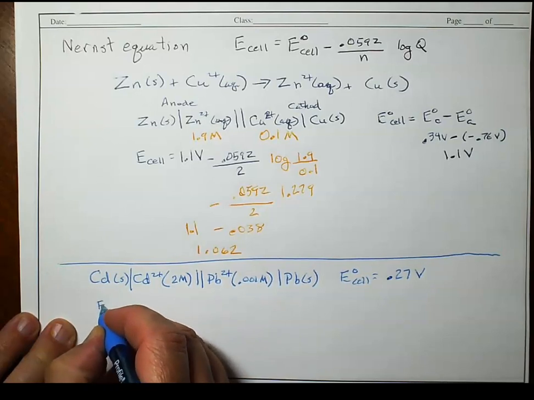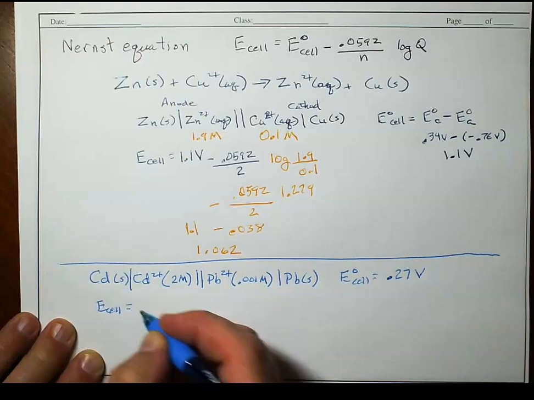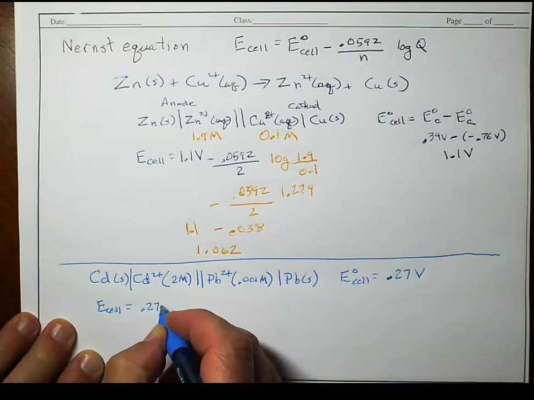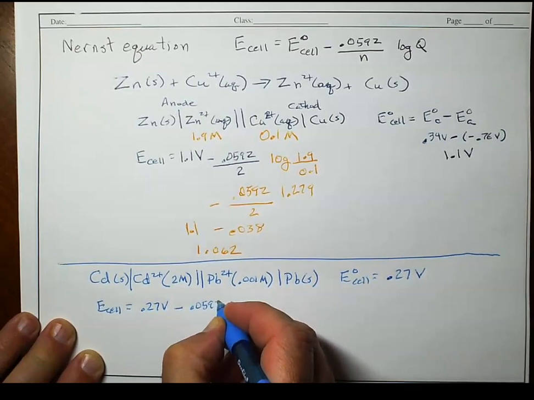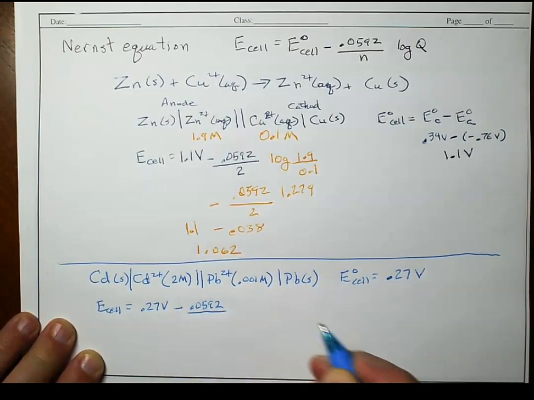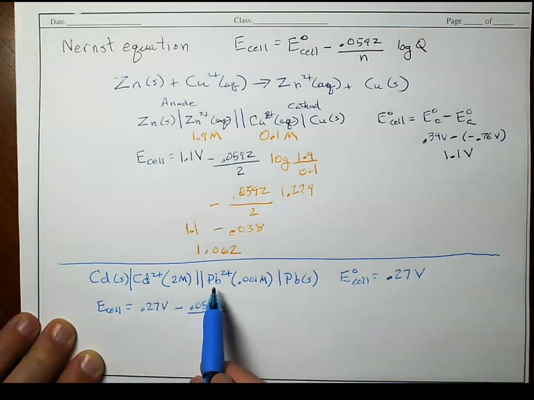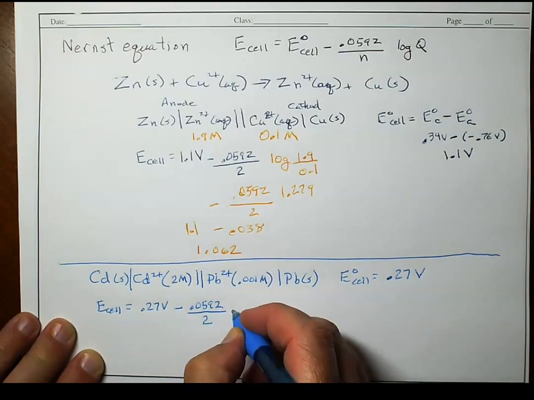So our actual potential, the actual voltage this cell should produce, will equal the standard 0.27 volts minus 0.0592 over N. Once again, N is going to be 2 because cadmium is losing 2 electrons to achieve a +2 charge. Lead 2 is gaining 2 electrons to get a 0 charge. So this will once again be 2.